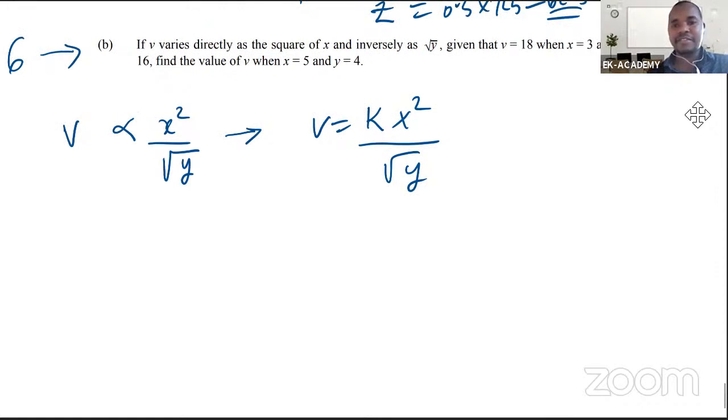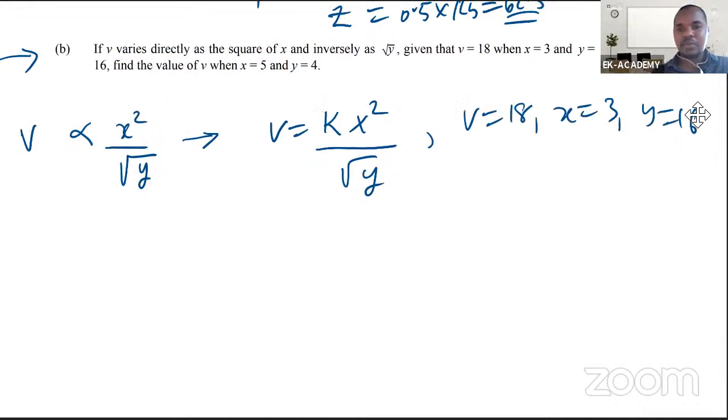We were given that V is 18, X is 3, and Y is 16. So we can say that 18 equals K times 3 squared over the square root of 16.